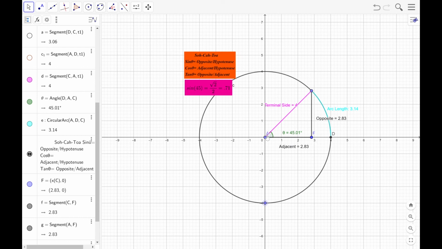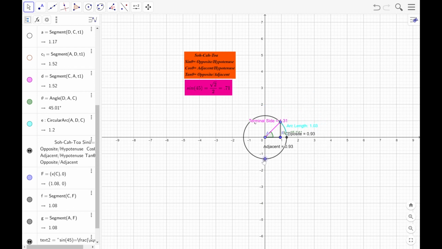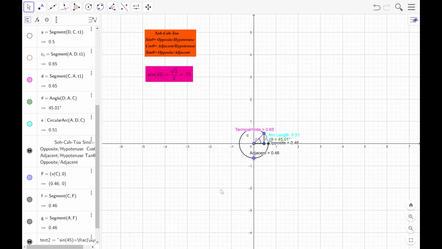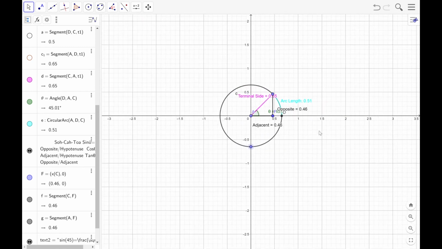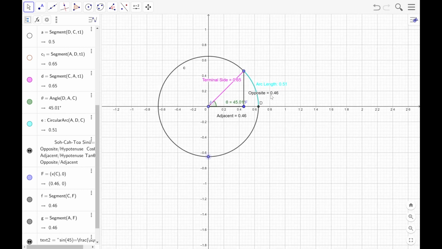It can be a triangle with side 2.83 and hypotenuse 4, or it could be a tiny triangle, right? And guess what? These ratios will still hold, right? So if you take 0.46 and divide it by 0.65, you should still get 0.71. This is the beauty of the trig functions.